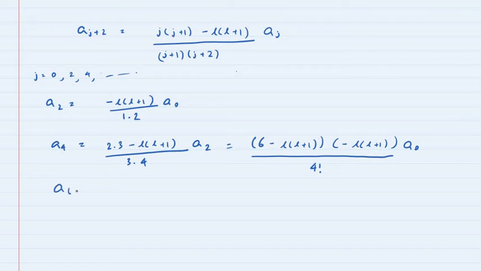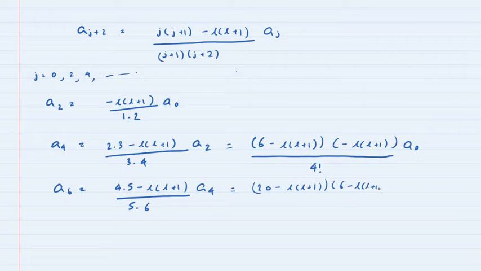Now a6 becomes 4 times 5 minus L times L plus 1 divided by 5 times 6 times a4, which is equal to 20 minus L times L plus 1 times 6 minus L times L plus 1 times minus L times L plus 1 times a0 divided by 6 factorial.